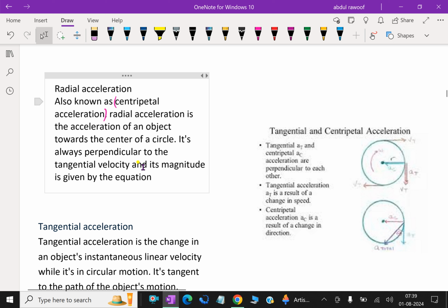It is always perpendicular to the tangential velocity, and its magnitude is given by the equation.